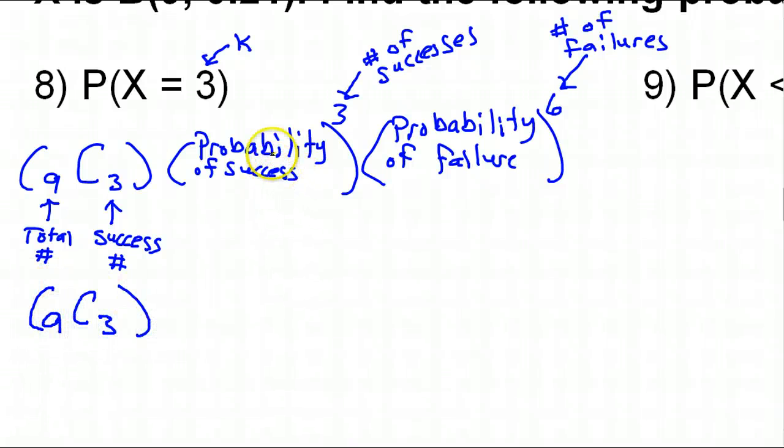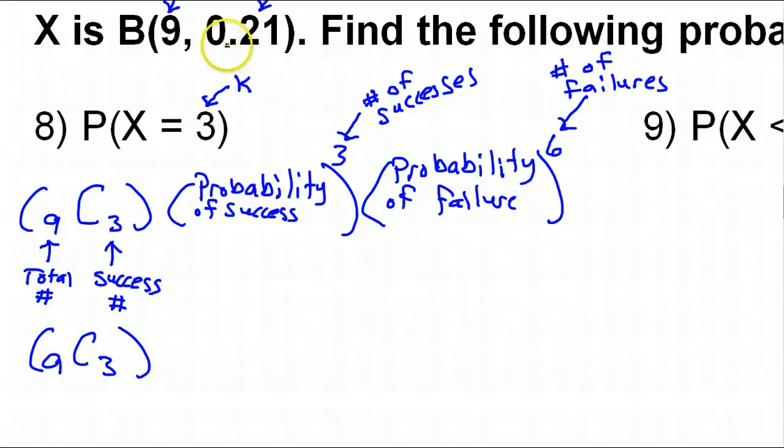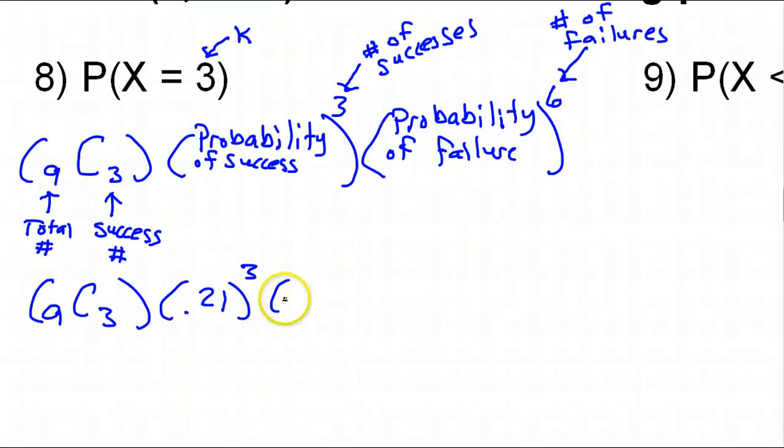Now the probability of success, they told us, was 0.21. So I'll put my 0.21, and I'm going to do that to the power of 3, because that's 3 successes. Now, if 0.21 is the probability of success, then the probability of failure is 0.79.